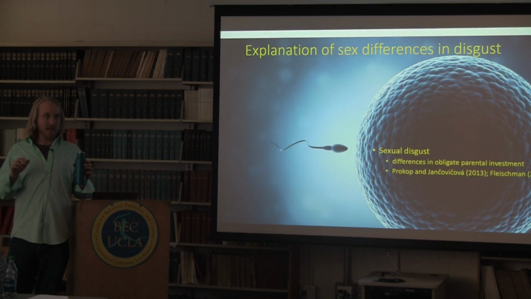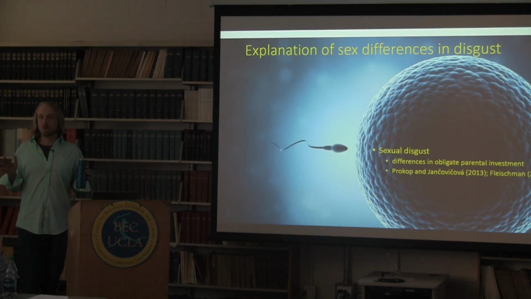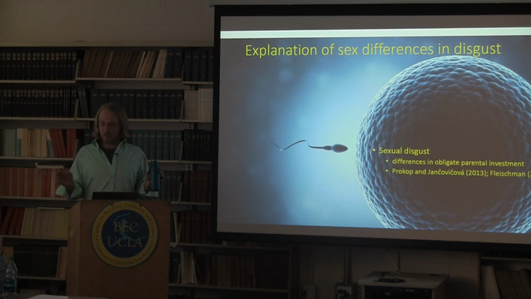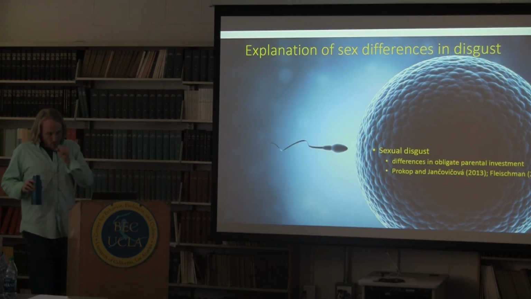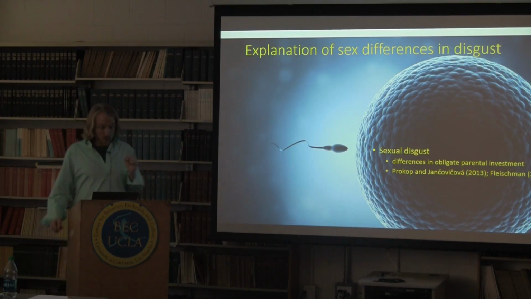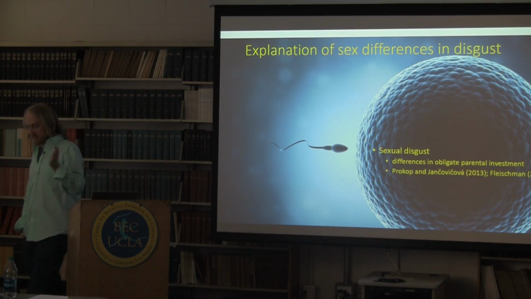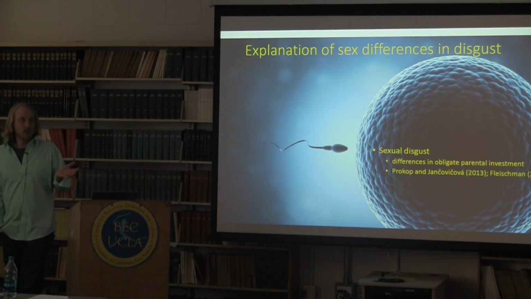So, having now confirmed that indeed the empirical record does show large, robust sex differences in disgust, what are the explanations? Let's dig in a little bit deeper. The sexual disgust effect really looks like a pattern that I think we're all familiar with, wherein the sex that has greater obligate investment is generally going to be more choosy.